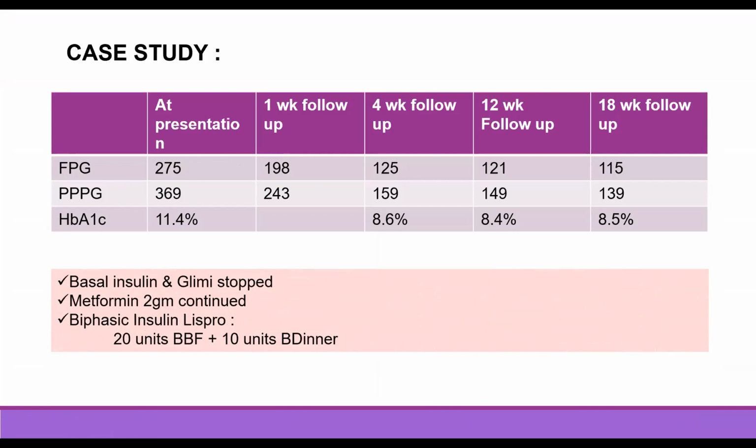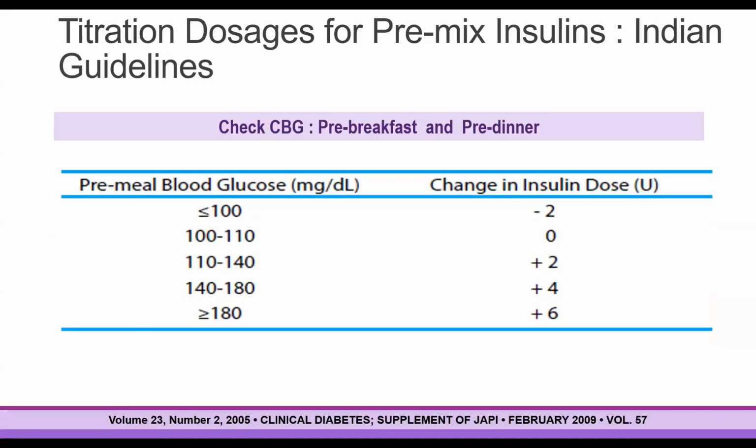In the 30 units, 70% is basically the basal insulin, so this patient is receiving basal insulin of 21 units, and the patient was previously receiving roughly 20 units. So we have kept the same amount of basal insulin, but there is an increment in the prandial insulin, and therefore we have to check the blood glucose level.